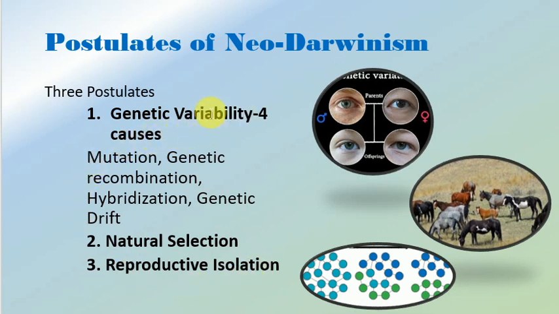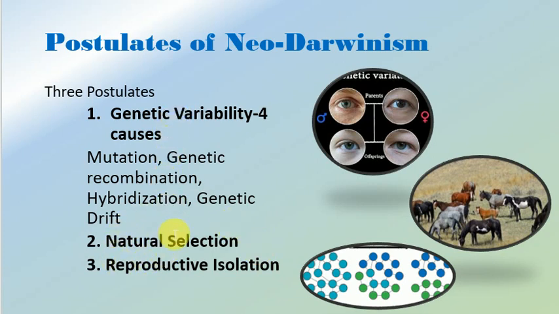The organisms which are genetically variable according to the differential environment can be considered the best organisms to survive on this earth. If they are best adapted for survival, then those organisms are selected by nature, and those organisms which have the best adaptability have a higher reproduction rate, and due to the higher reproduction rate they produce more progenies, and those characters get stable in the environment, and this is how we can have a new species which is fittest.